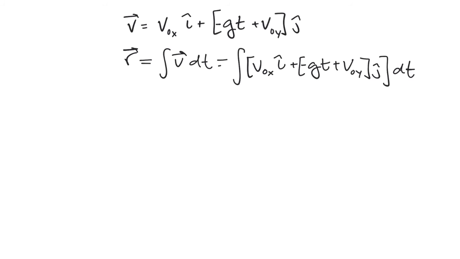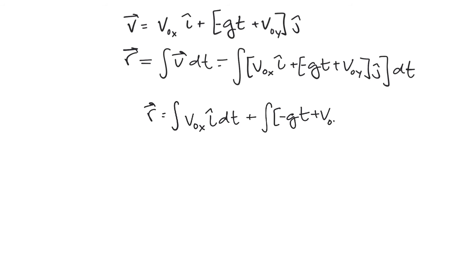Got too many brackets there. So now we have to actually do that integral. We'll split it up into r equals the integral of v naught in the x direction i dt plus the integral of negative gt plus v naught y j direction dt.